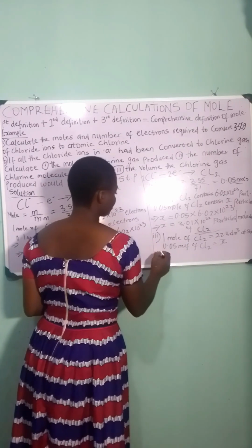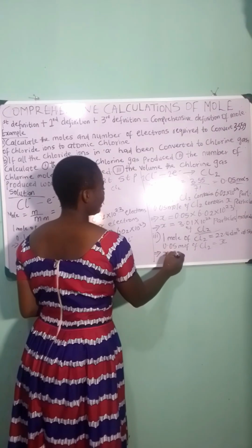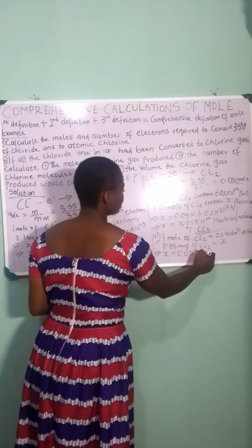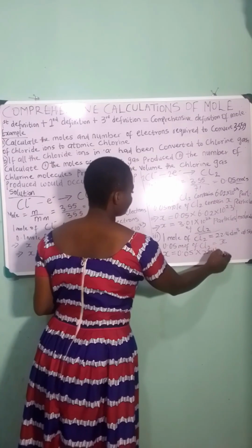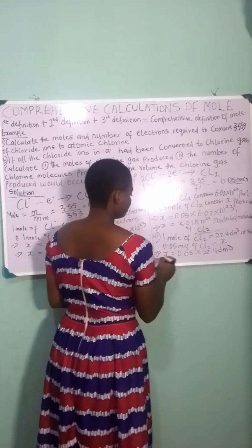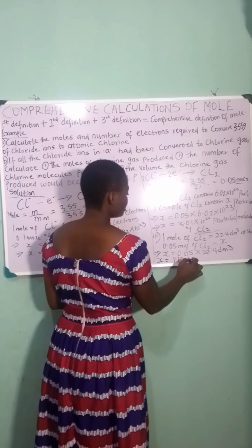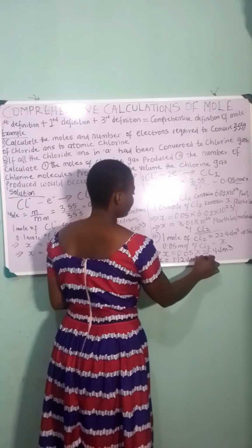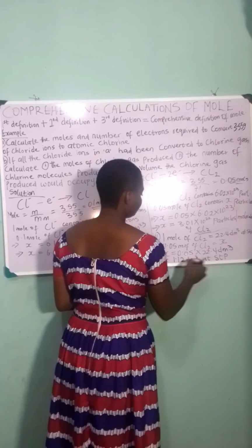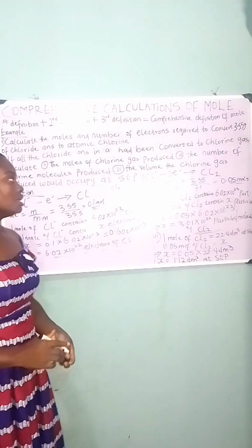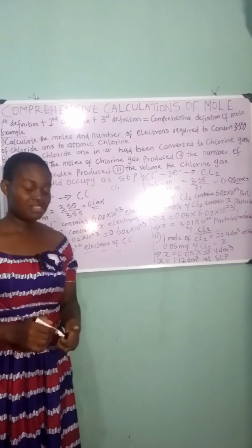You simply do your cross multiplication. X equals 0.05 times 22.4 dm cubed. So X equals 1.12 dm cubed at STP. So this is the volume. Are you with me? So we have solved this question.